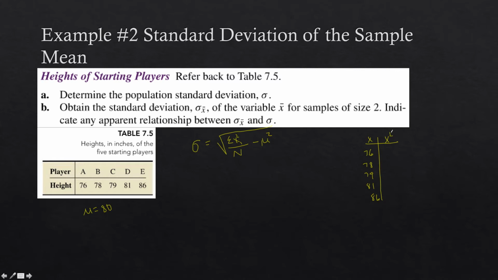If you square them, 76 squared should give you this. 78 squared should give us this. 79 squared. 81 squared.